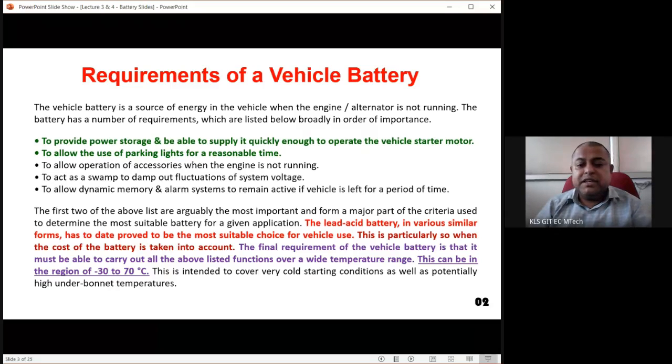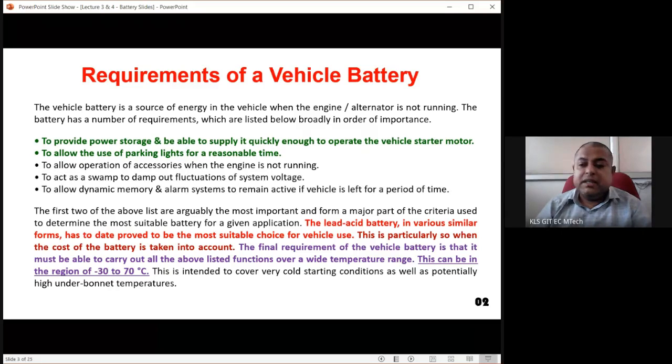Okay, so this is intended to cover very cold starting conditions as well as potentially high under bonnet temperature. So these are two extreme things. One is cold start, that means ambient temperature is very less, and that time also the car should start properly. And the second one is under bonnet temperature, that means inside the bonnet the temperature is very high.